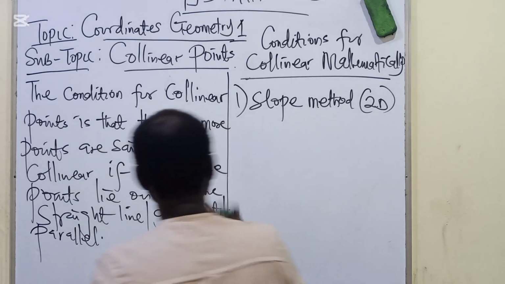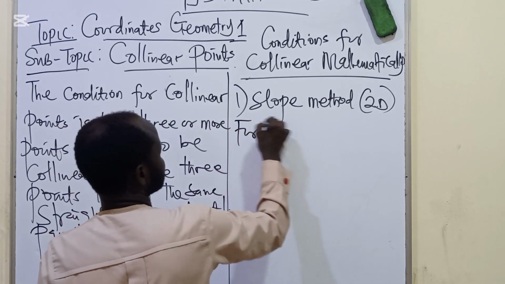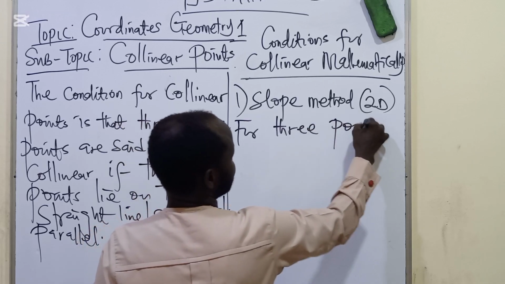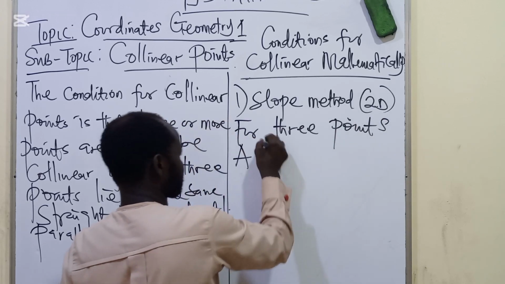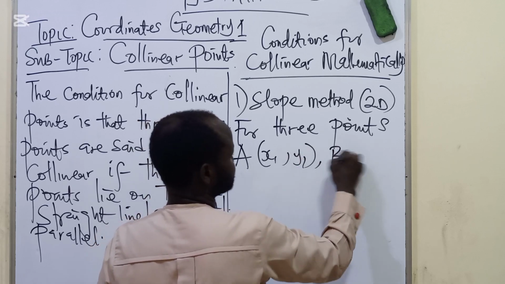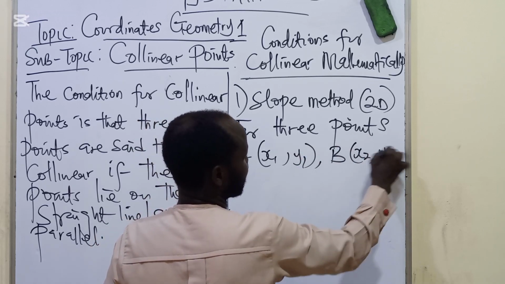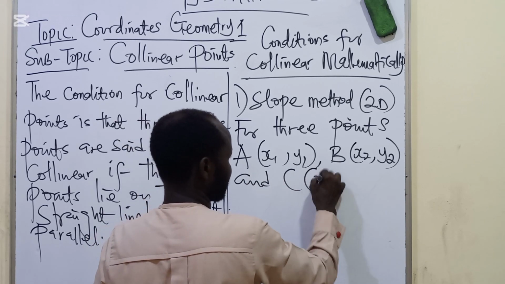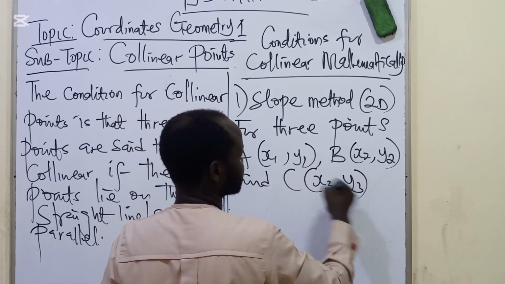For 3 points, let's say point A, which is given as x1, y1, point B, x2, y2, and point C, x3, y3.